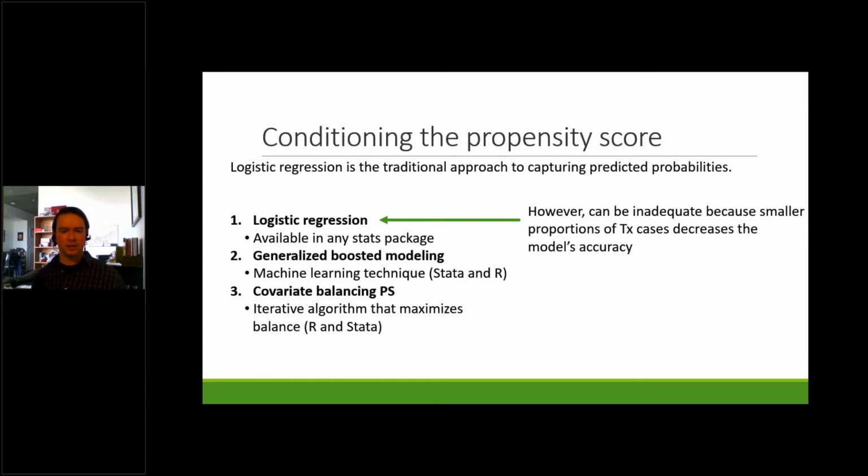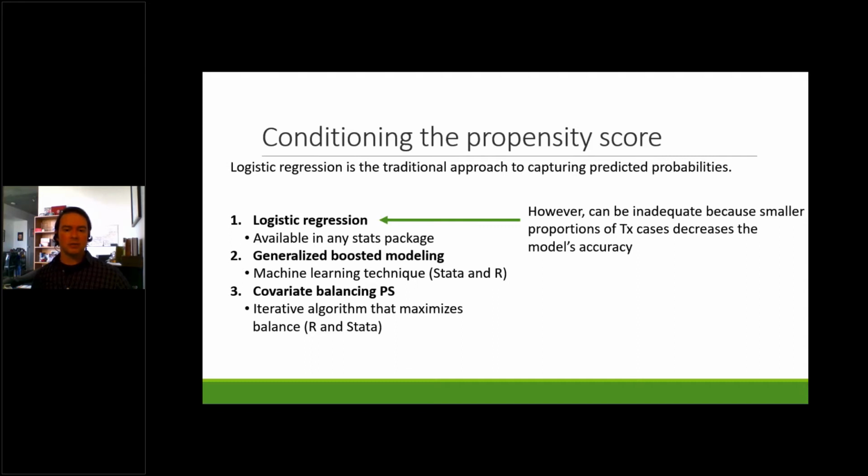Smaller proportions of treatment cases decrease the model's accuracy in how well it classifies when somebody gets the treatment. Typically, if it's a large comparison group pool compared to your treatment pool, what it's doing is correctly classifying how often somebody doesn't get the treatment.